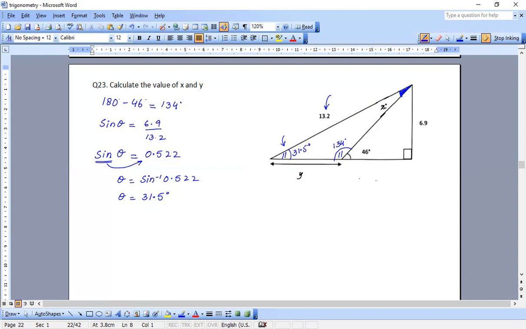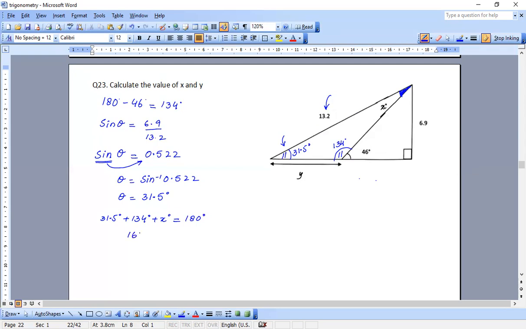Remember why we were calculating these angles? We were calculating these angles so that we can find out the value of x. We know according to the angle sum of a triangle that the sum of three angles, which is 31.5 degrees plus 134 degrees plus x degrees, is equal to 180 degrees. So in order to find out the value of x, I'll do 31.5 plus 134.